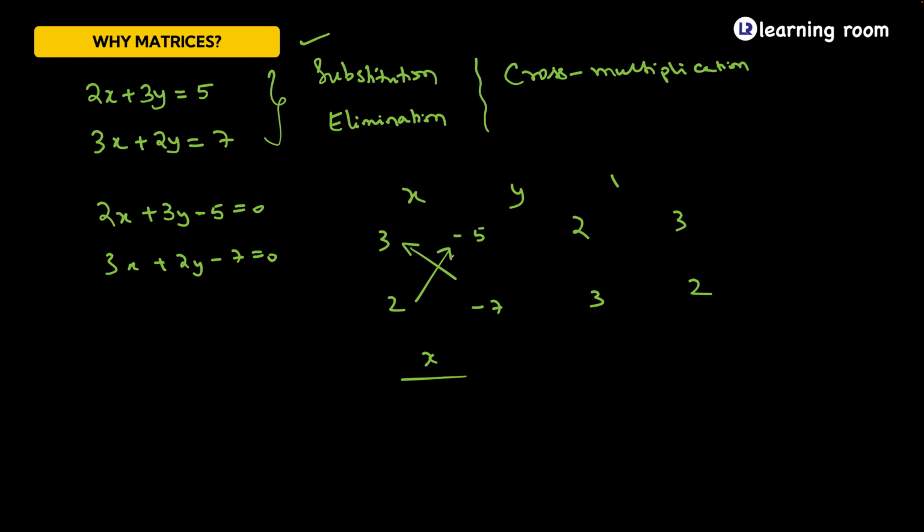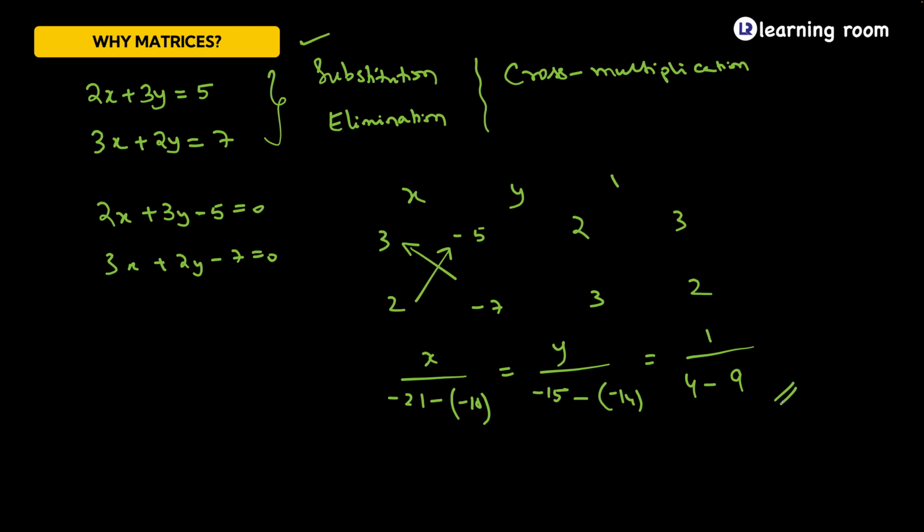So 3 into minus 7 is minus 21, minus of minus 10 is equal to y divided by minus 5 into 3 is minus 15, minus of minus 14 is equal to 1 divided by 4 minus 9. So when you solve this, you will get the value of x and y.